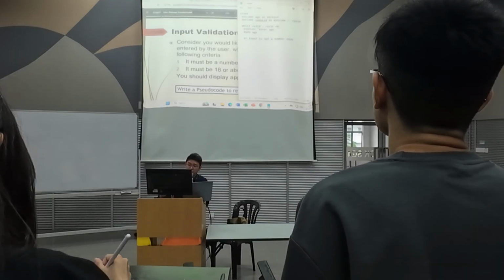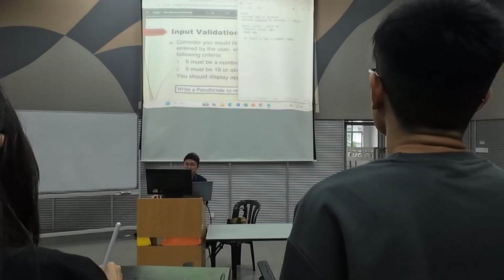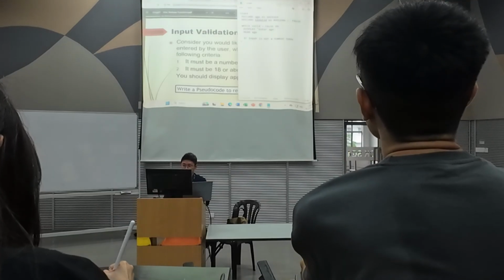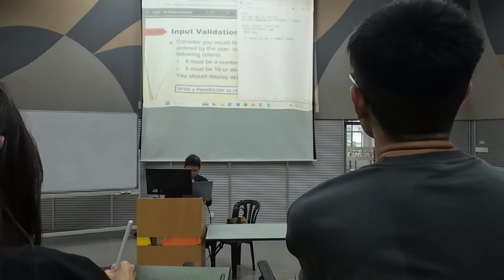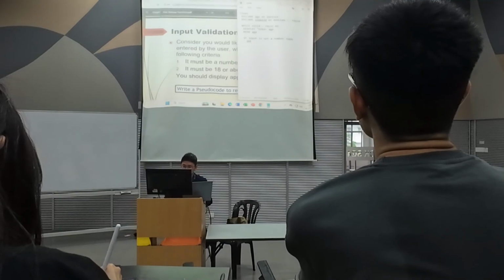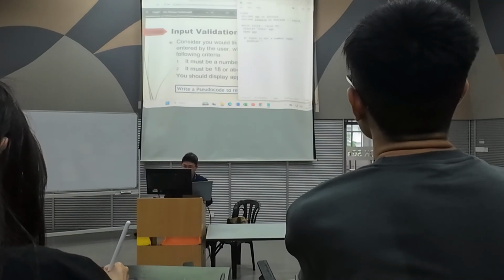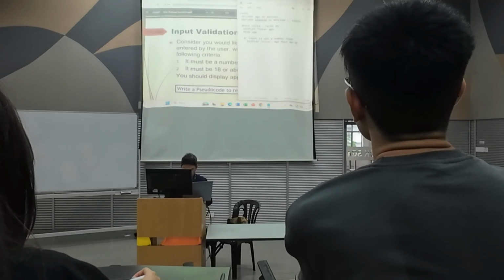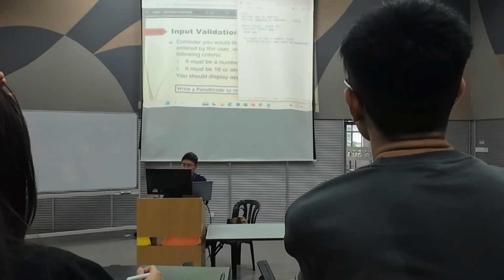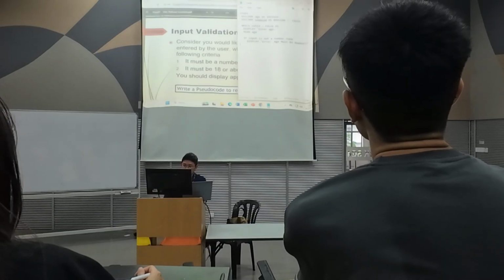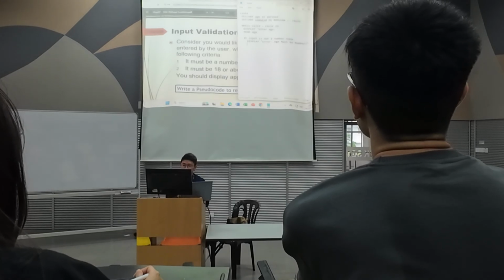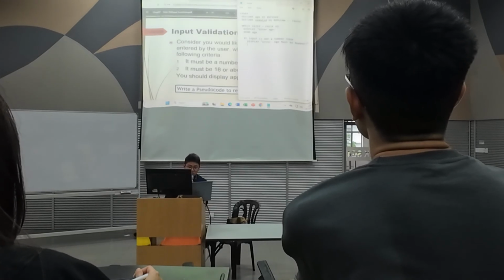So if the input is not a number, then what is the next action? I will display an error, age must be a number.